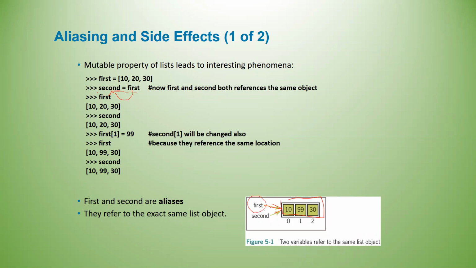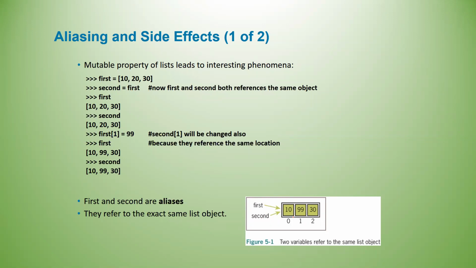It's pointing to this location in memory, which contains 3 elements. When you do second equals first, you are actually assigning the address pointed to by first to second. So first and second are pointing to the same address.